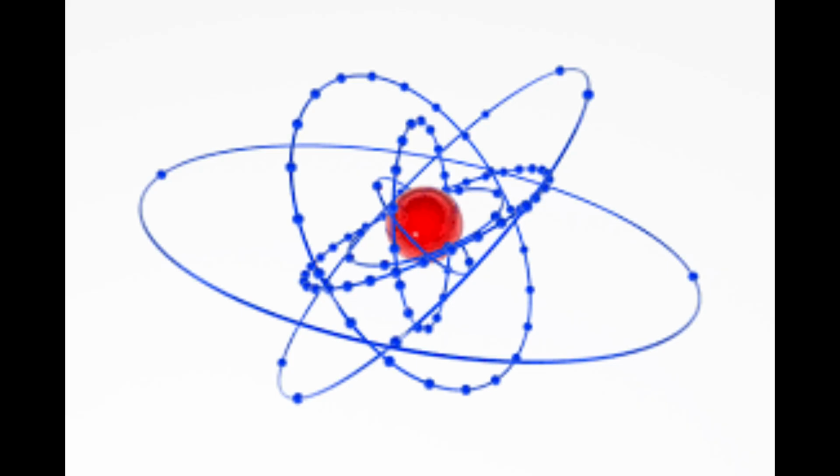So the most basic understanding of it, what I think is the most basic understanding of it, is a 3D version of an atom. That's very simple. An orbital is basically a visual representation of a 3D atom.